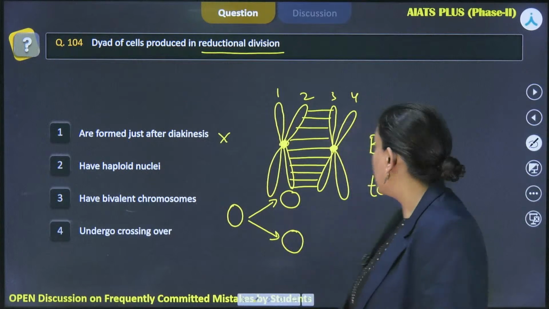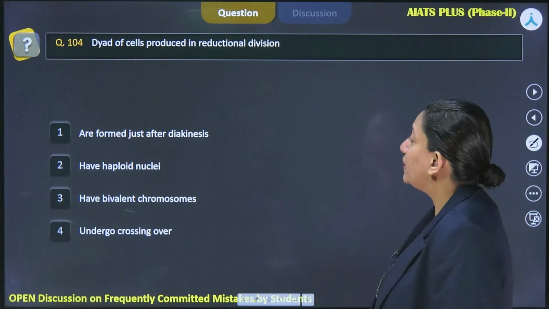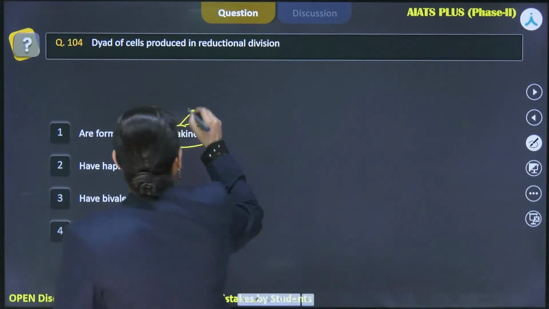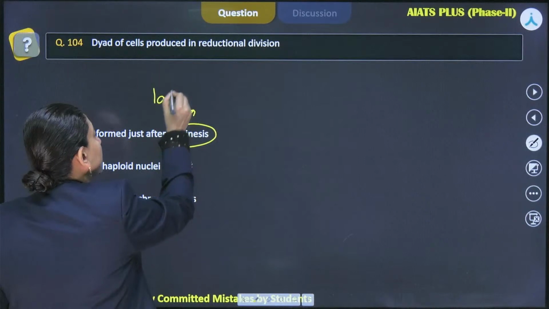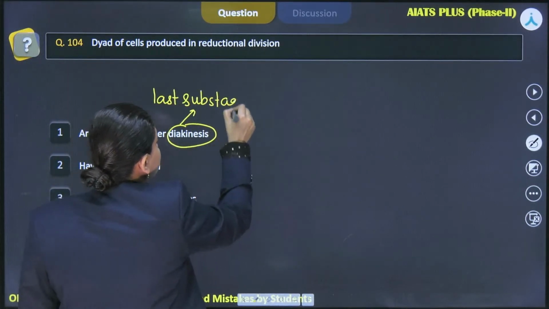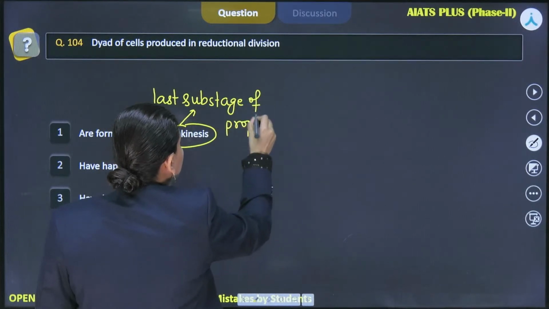Now why have we ruled it out? Because diakinesis is the last substage of prophase 1.